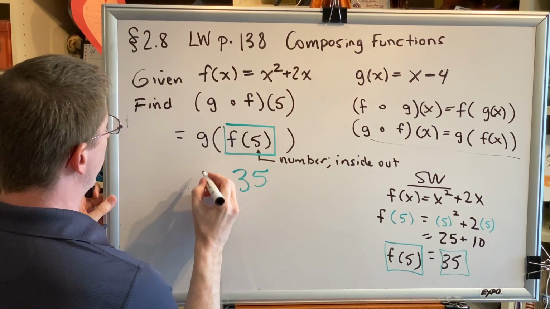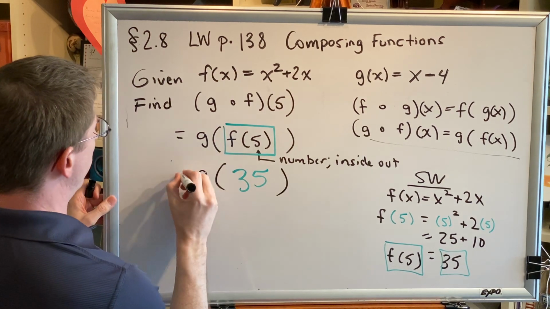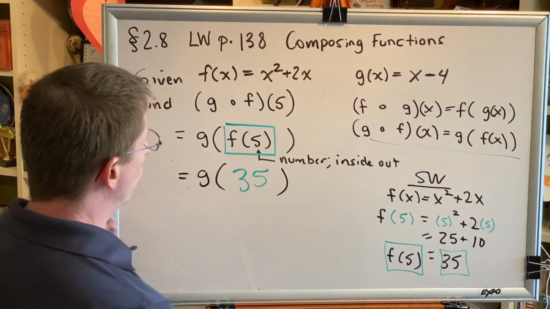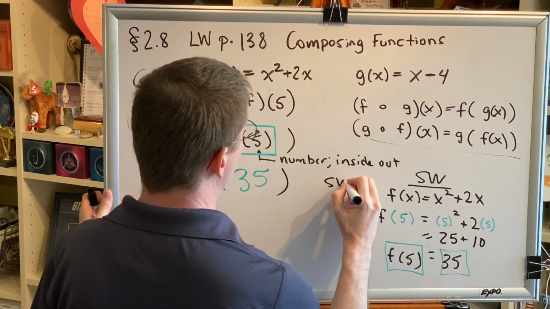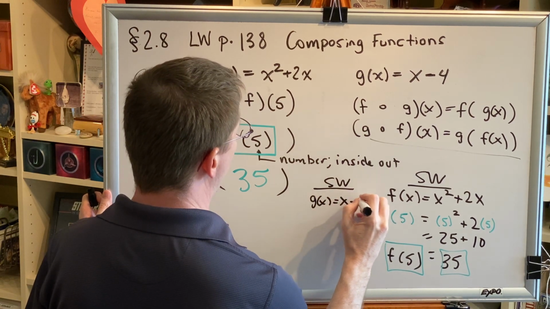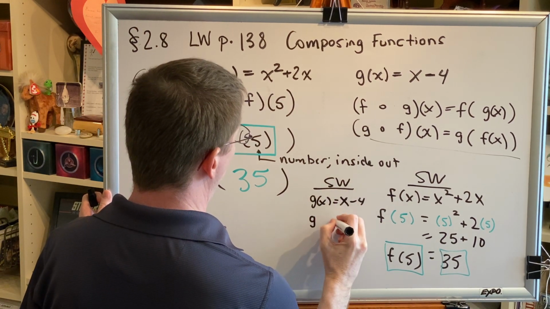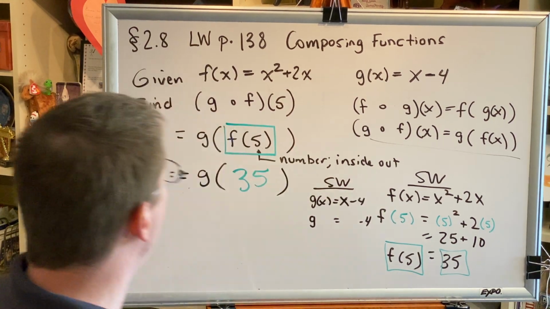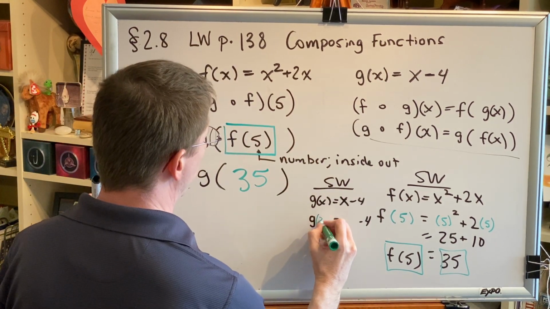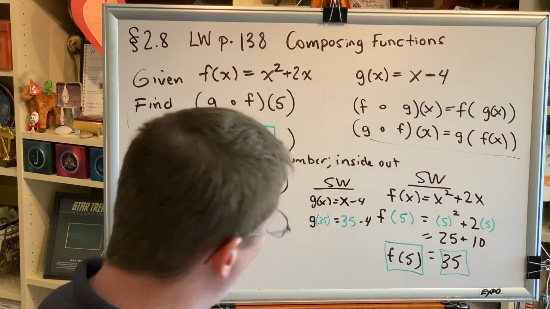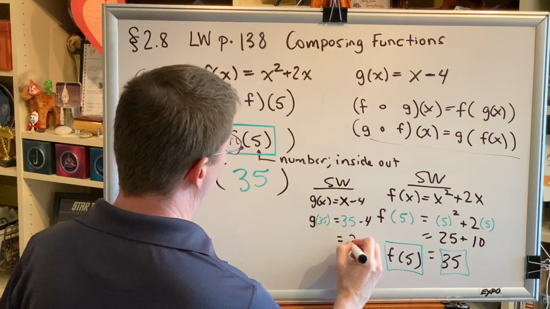Okay, so now the next thing we have to do is compute what is g of 35. Once again, we can use our side workspace. We know that g of x is equal to x minus 4. So therefore, g of 35 will equal 35 minus 4. 35 minus 4 is 31.